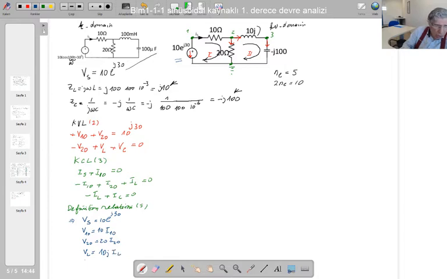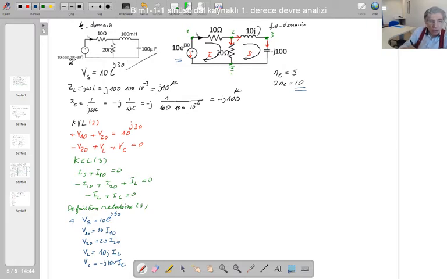And the VC, this is the impedance, is minus j100 times IC. So we've got five definition relations here. The total number of equations we wrote here is 10. The total number of unknowns is 10 also. So that's the classical method. Since the number of equations is equal to the number of unknowns, there is a unique solution.